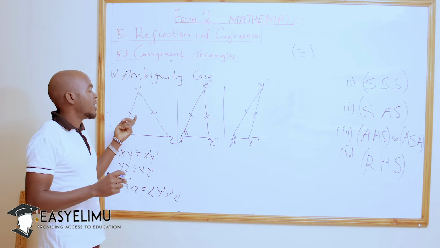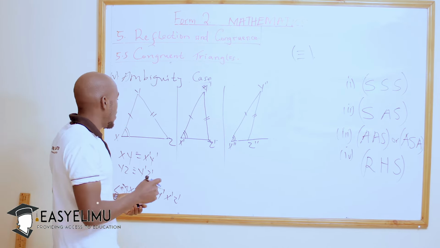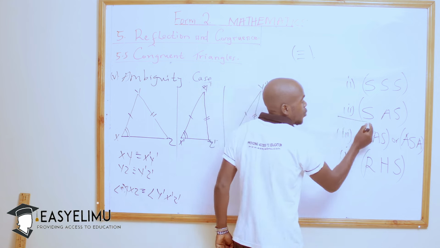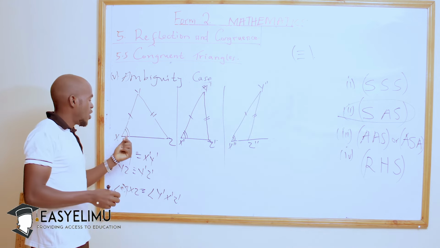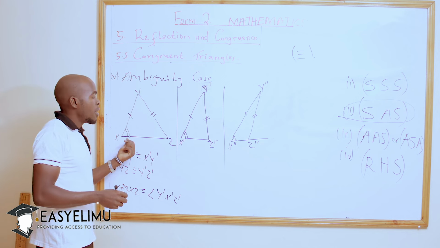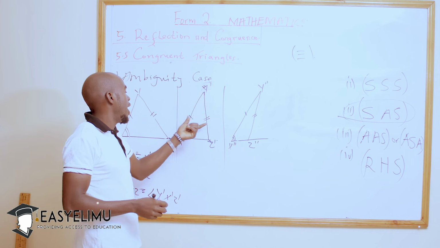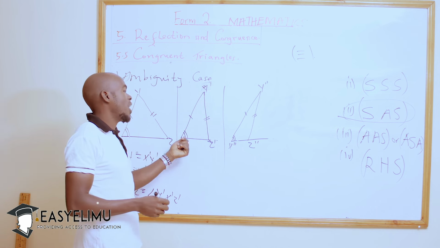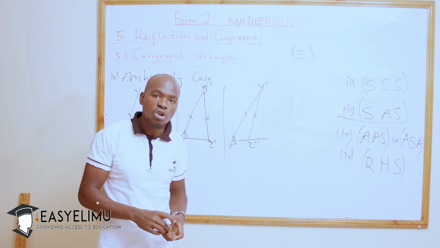So this triangle and this one are congruent to each other, and they may lie under this rule too, whereby we have two sides and one angle congruent to the other two sides and one angle of the other triangle. So meaning the two triangles are congruent.